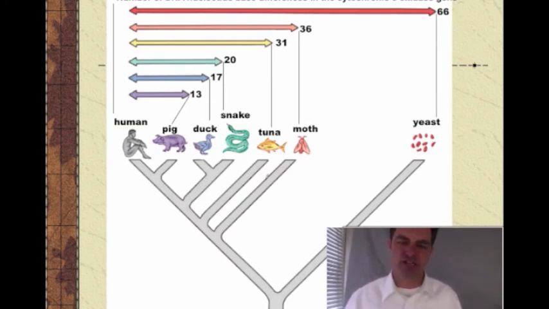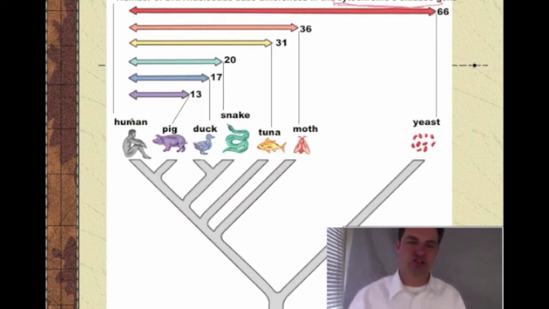Okay, so in this particular case, what they've done is independent of the morphology. Instead of just looking at the bones and structure, what if you looked at the DNA of these things? And it turns out, in this case, they're looking at cytochrome C oxidase, one of these enzymes involved with metabolism, and they're comparing, say, a human and a pig and a duck and a snake, and they're looking at how different that enzyme is, how many differences there are.